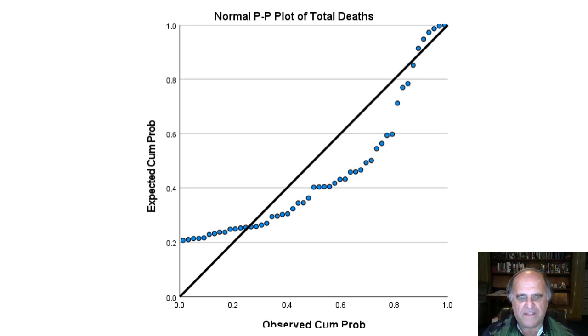And then this is the PP plot for total deaths, plotting the observed cumulative probabilities versus the expected cumulative probabilities. And you can see that it's very, very off of that straight line. So it's not very close to that straight line at all.